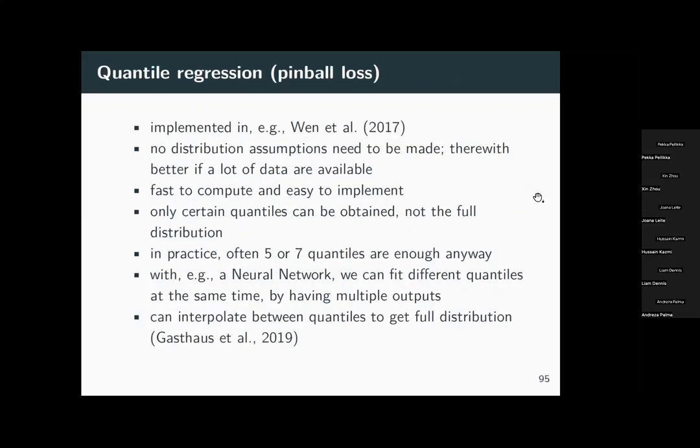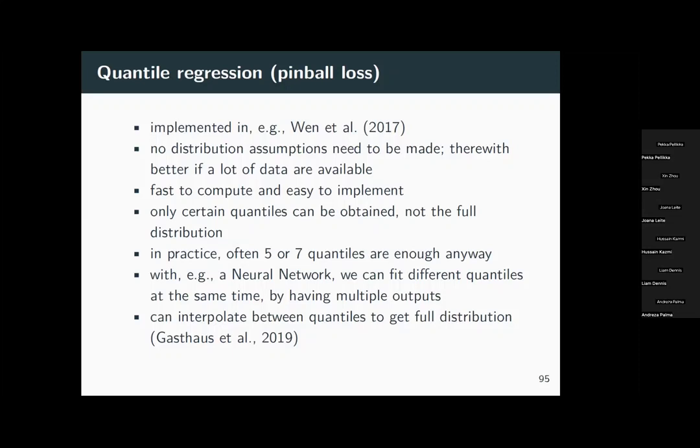And this is what you can do with quantile regression. It's implemented, for example, in the Wen et al. 2017 paper. That's a quite nice classic approach. You don't need to make any distribution assumption. It's fast to compute and easy to implement. The drawback is you only get certain quantiles.